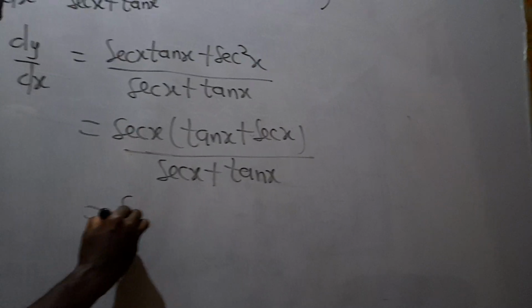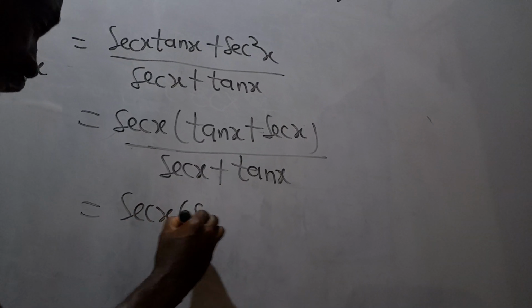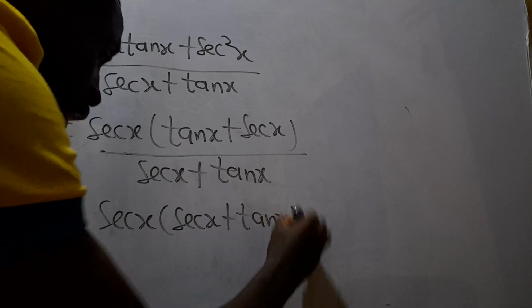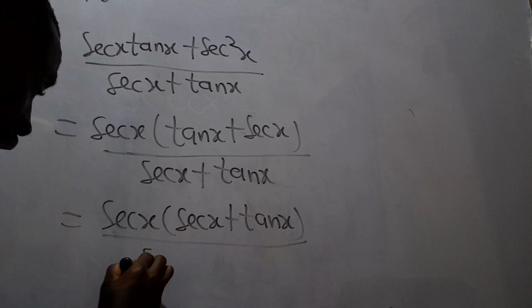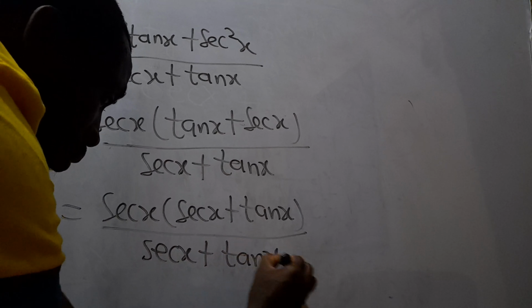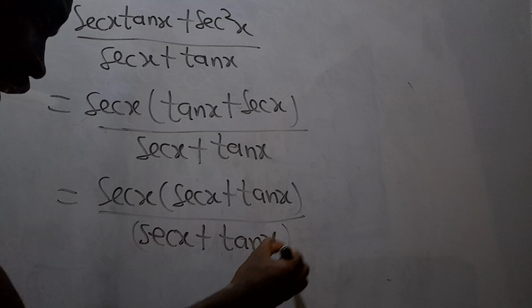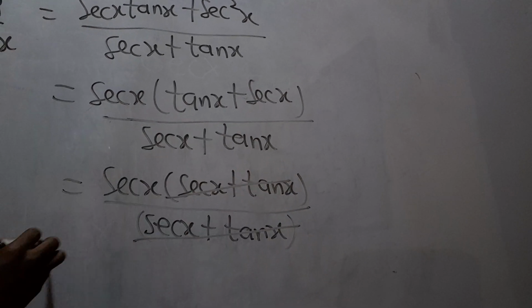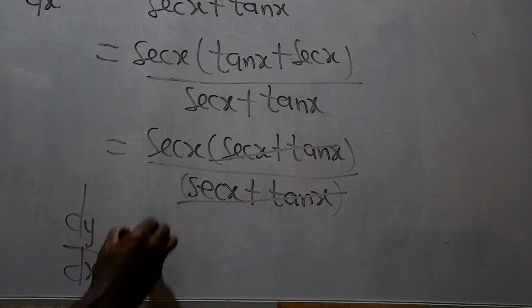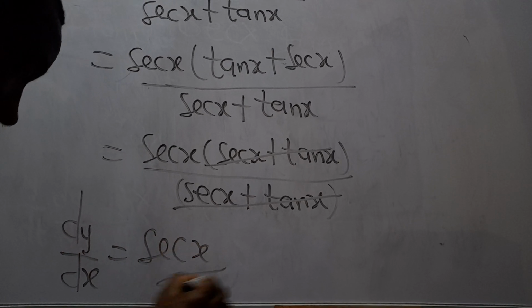So we have sec x bracket sec x plus tan x all over sec x plus tan x. So we can say this can divide that. So our dy over dx will be nothing but sec x.